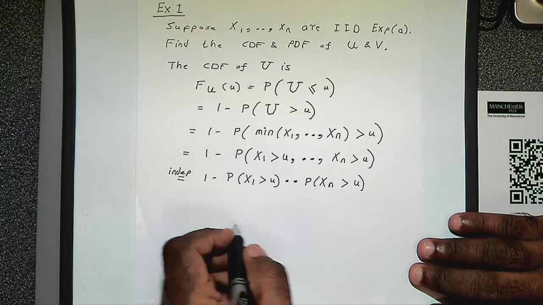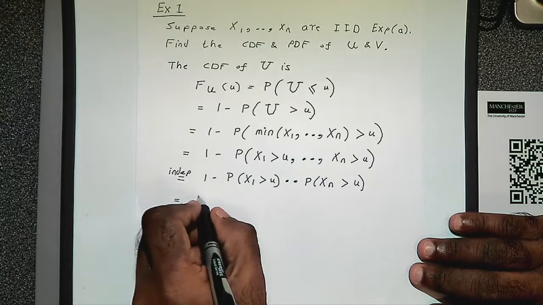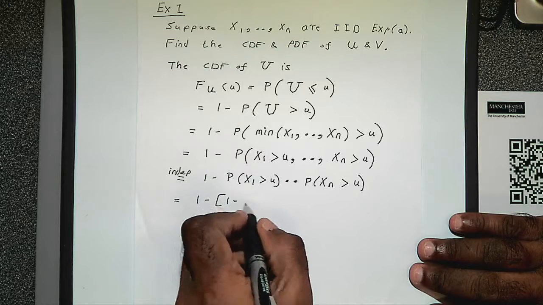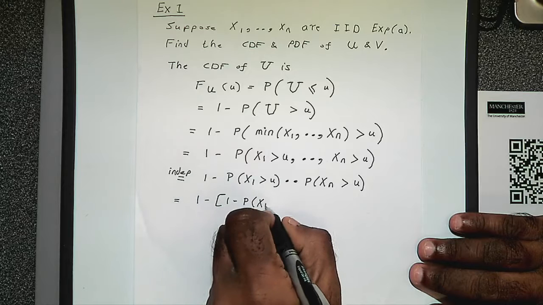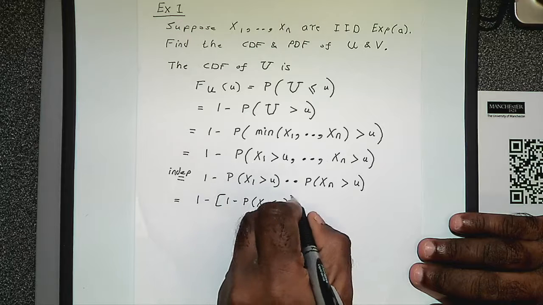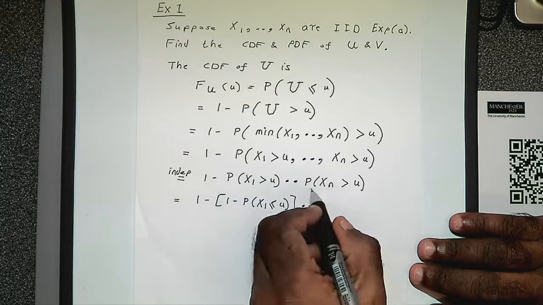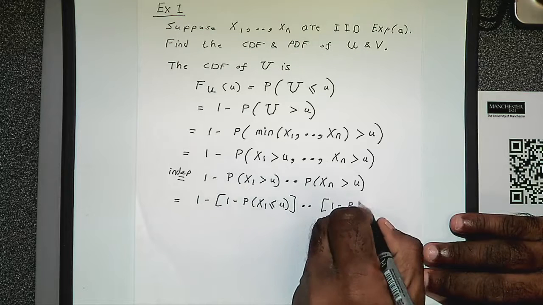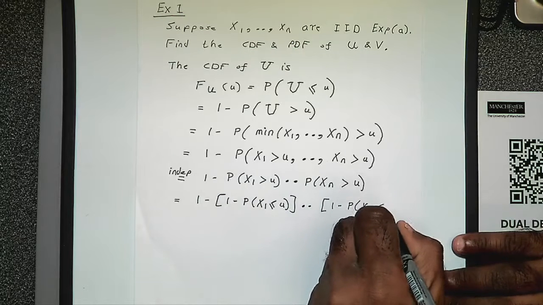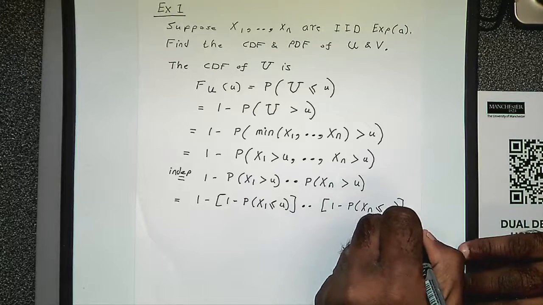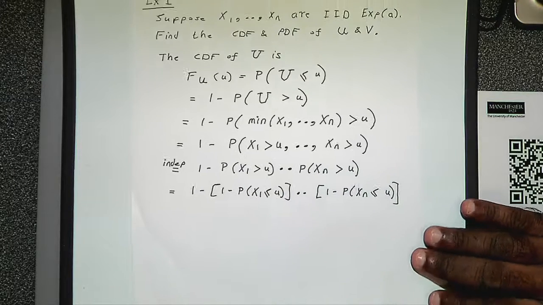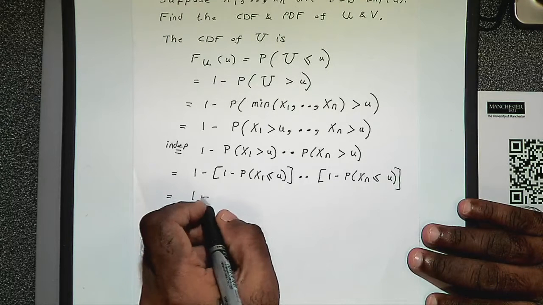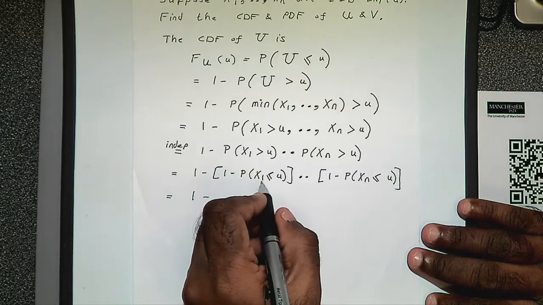You okay? In the next step, you can write this probability as 1 minus the probability that x1 is less than or equal to u, and so on. So what you have here is the CDF of x1.